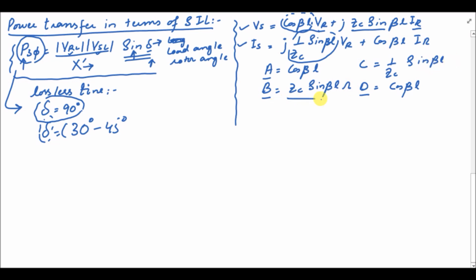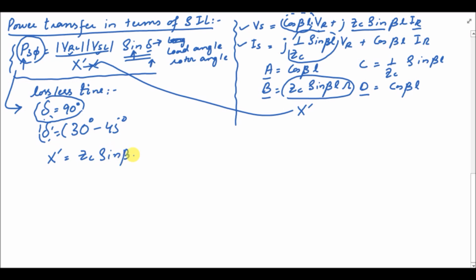So we can say that this B value is actually the X dash of the line, which we will use in this formula. From this part of the equation, we get that X dash is equal to ZC sine beta L when we are considering a lossless transmission line.